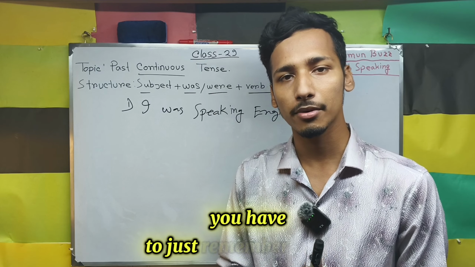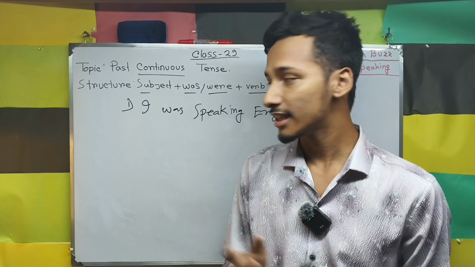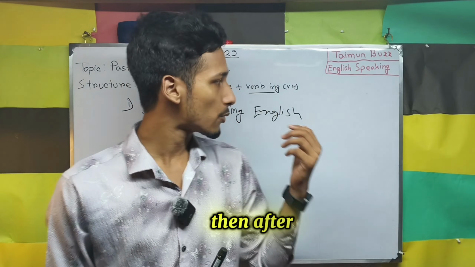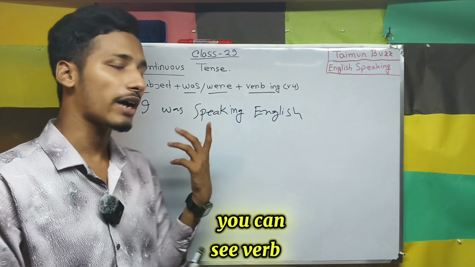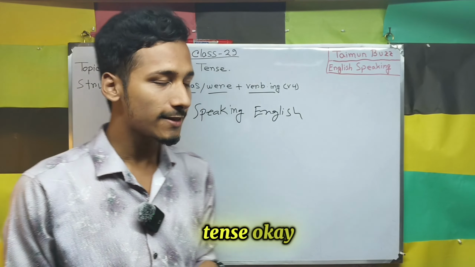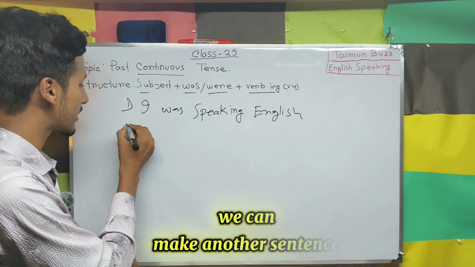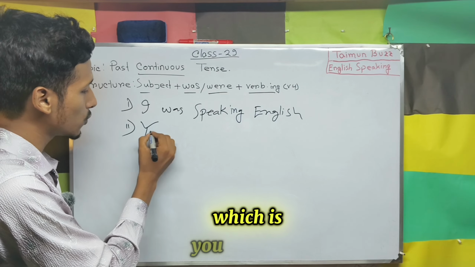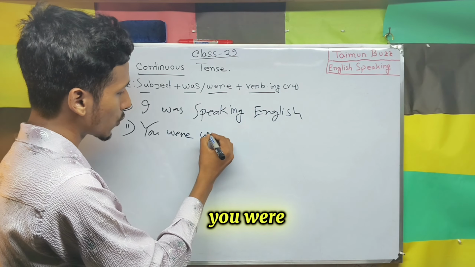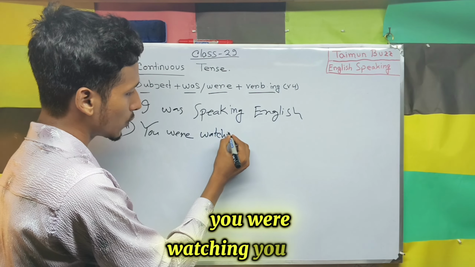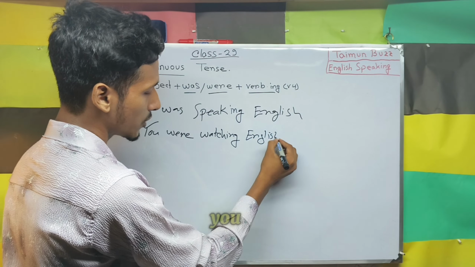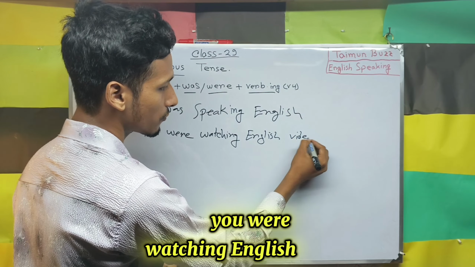You have to just remember subject, then you have to take was or were. If you see was or were, then after was or were, if you see verb ing, it must be the past continuous tense. Okay, like this we can make another sentence which is you were watching English videos.